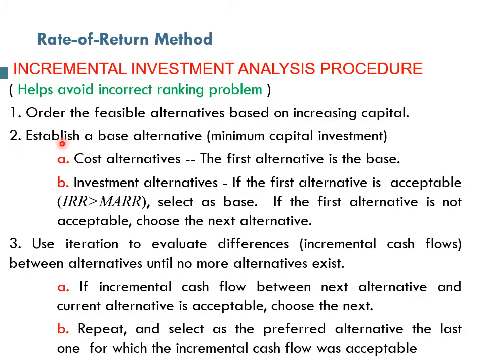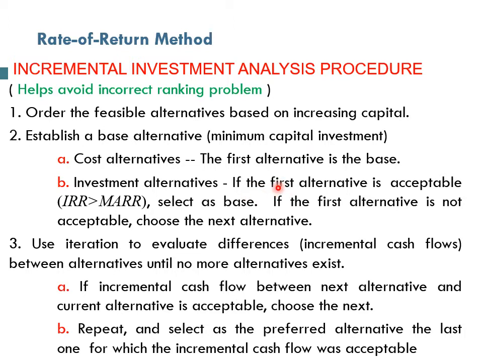In step 2, we establish a base alternative, and this depends on whether these project alternatives are cost projects or investment projects. If it's a cost alternative, then the alternative which has the minimum capital investment is the base. Otherwise, if it's an investment alternative which provides revenues and economic benefits, then we check the alternative with the minimum capital investment.